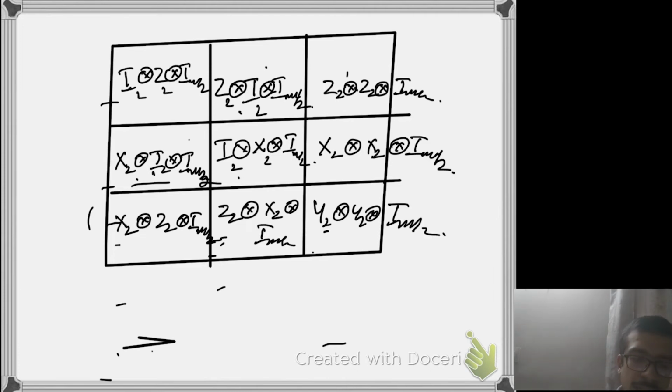ZX tensor ZX can also be written as, if I write it as iota XZ tensor iota XZ, that will have a minus sign. You work it out, it should turn out to be this thing. So actually this has to be minus ZX tensor minus ZX. So A9 is going to be minus ZX tensor ZX.